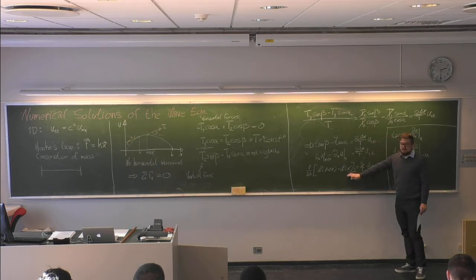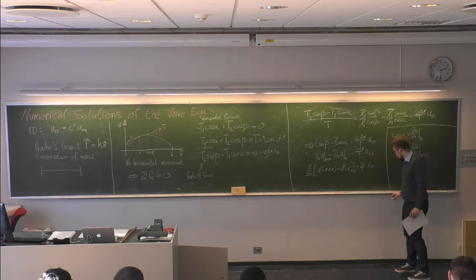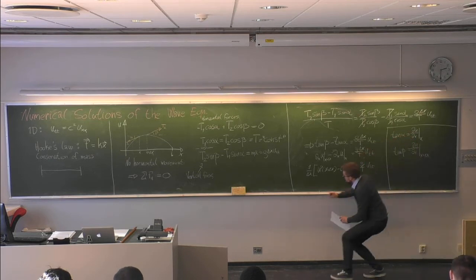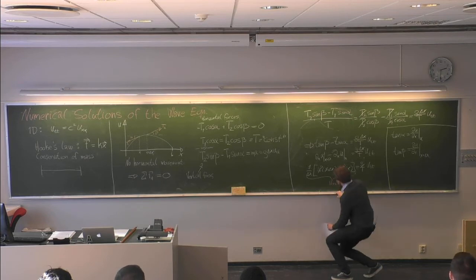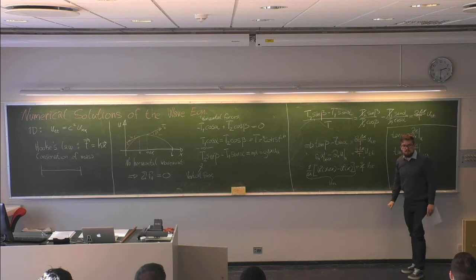So if you take the derivative of the derivative, then you have the twice derivative. So this construct here is going to be u_xx in a discretized version.